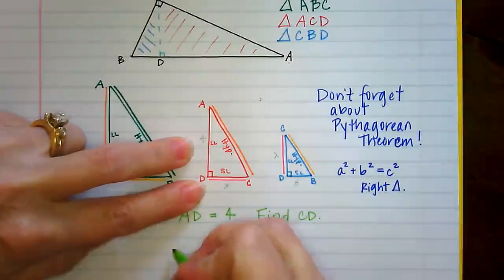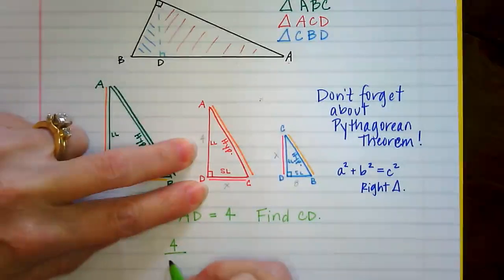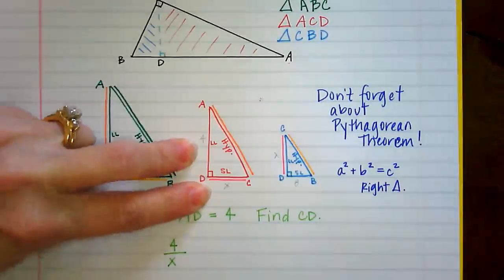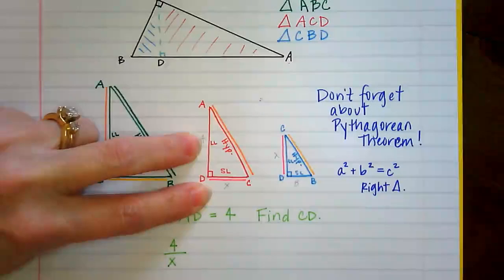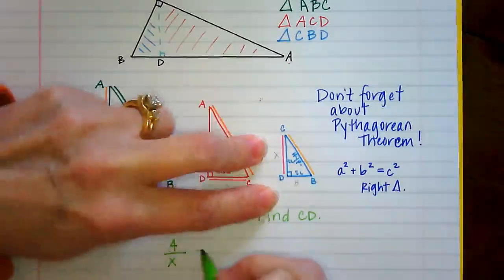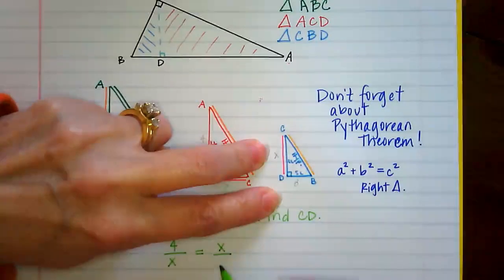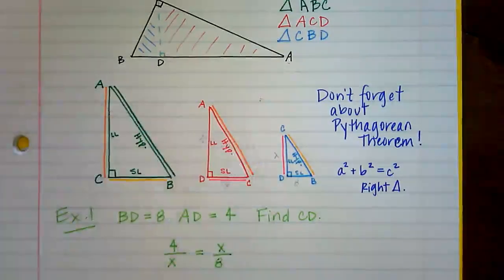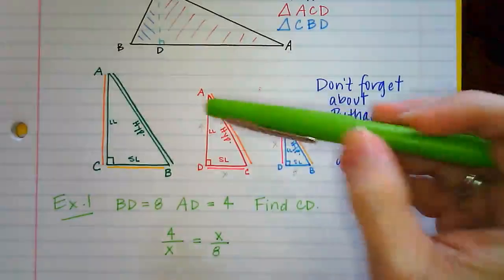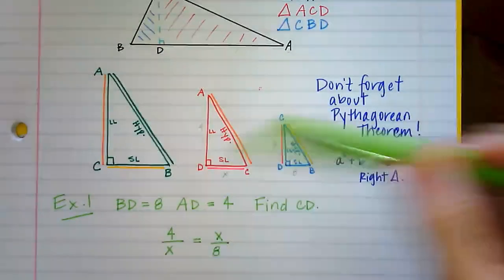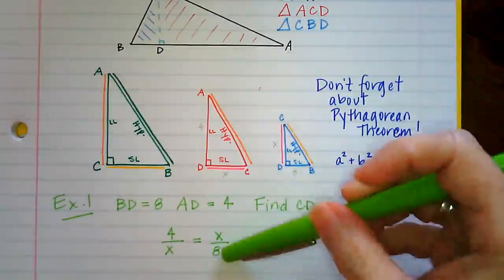So I'm going to say long leg of mama bear over short leg of mama bear. So that's mama bear's long leg and short leg, matches up with baby bear's long leg and short leg. All right, so I did long leg, short leg of mama bear, long leg, short leg of baby bear.